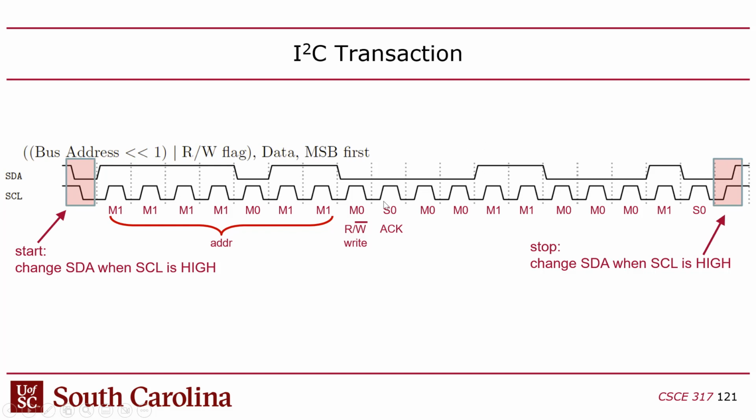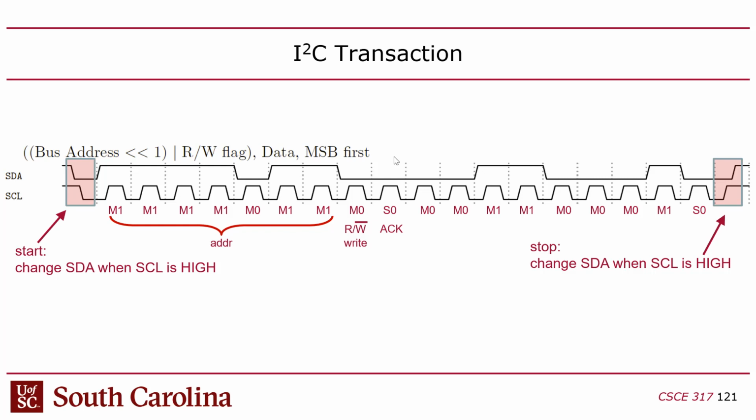So the acknowledge is a 0. A positive acknowledgement is when the data is 0 during the acknowledgement bit. And if there's a 1 during the acknowledgement bit, that is a not acknowledged. Now you might say, well, that seems counterintuitive because it's basically negative logic, but it makes sense because if the slave didn't exist or was disconnected or died, remember that the default state of the bus on open drain is 1, right?